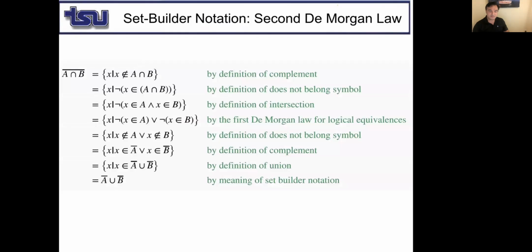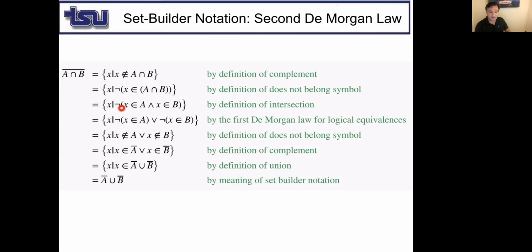Another way, maybe this was too complex, is to prove that one is a subset of another and so on. Instead, I like this one much better. We use the propositional logic directly, and we prove it. For example, here A intersect B complement means all X such that X is not in A intersect B. That means all X such that, using propositional logic, X in A intersect B is not true.